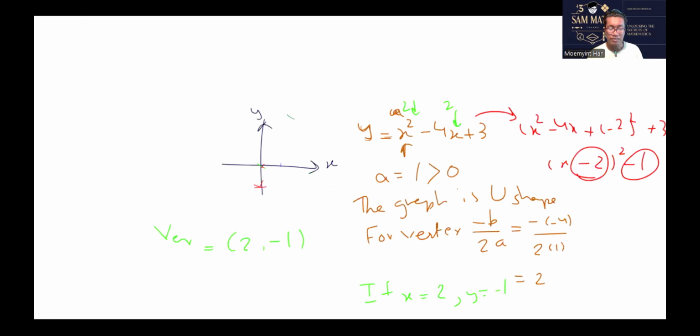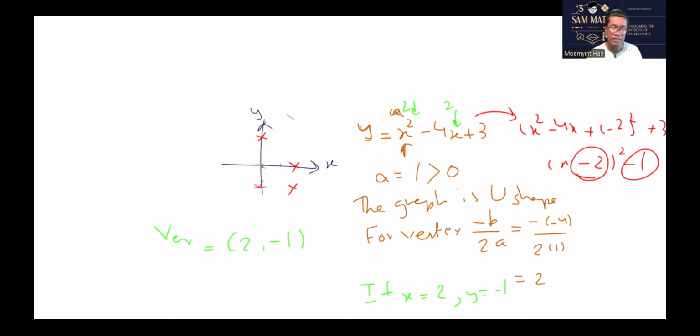So let's come back to the equation. 2 units along the x-axis means 2 units over here, and then -1 unit means 1 downward, right? And then we have c over here. c is +3, so the intersection of the equation should be +3. So this is the intersection over here. This is the vertex over here.